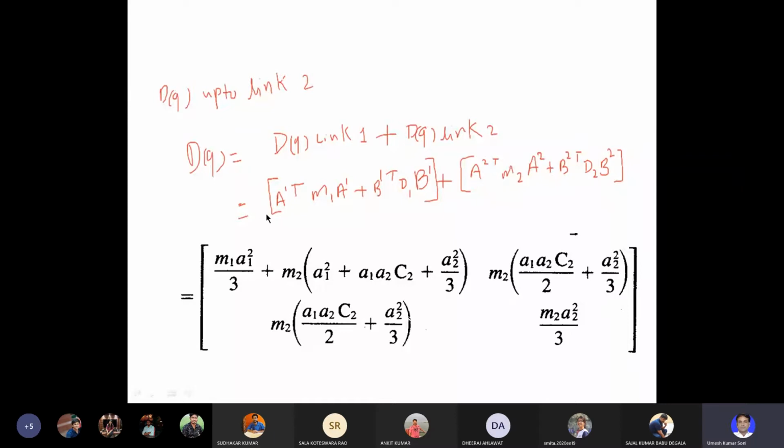Now it's your work to calculate how this equation has come. I expect all the students to do this. How has this equation come? You calculate this matrix. I need all the steps to be shown.